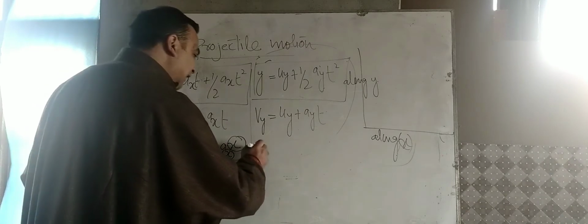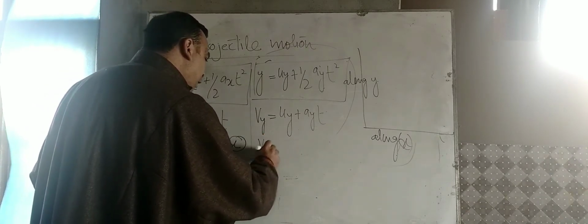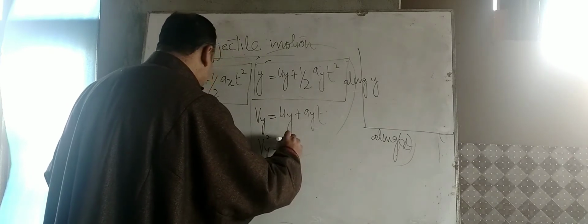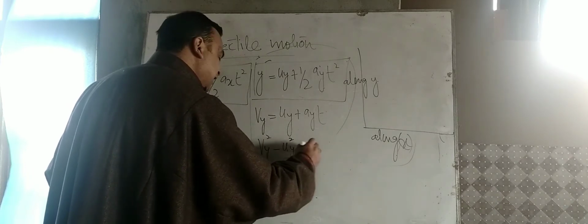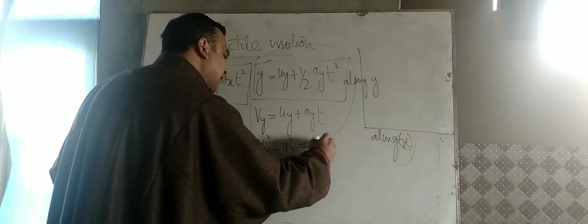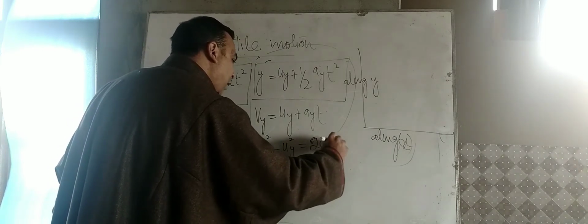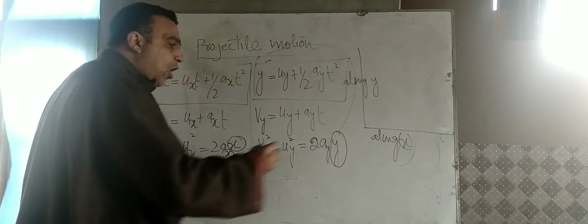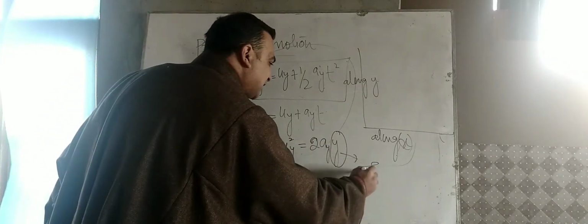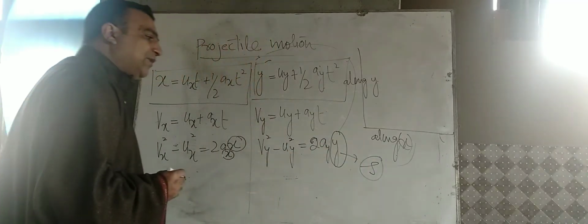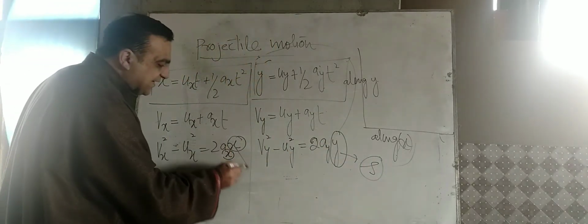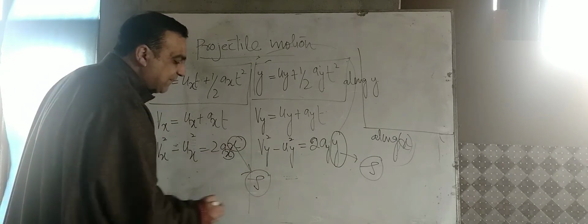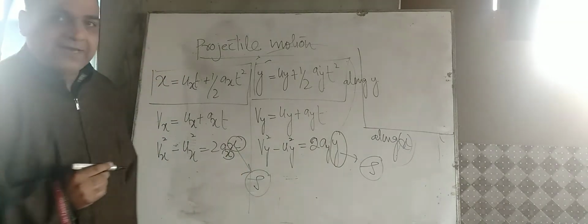In the similar way, we can write vy squared minus uy squared is equal to 2ay y. Now this y is the displacement along the y-axis. It is that s that we have in one-dimensional motion. Similarly, this x is the displacement along the x-axis. It is the same s, but this displacement is along the x-axis.